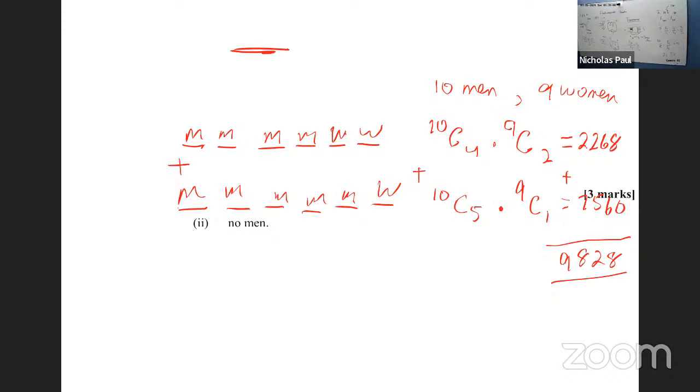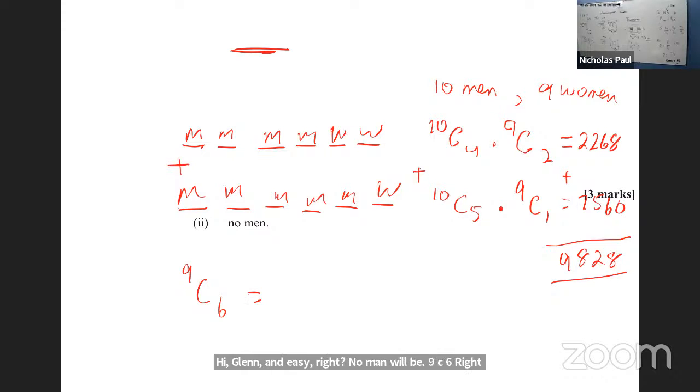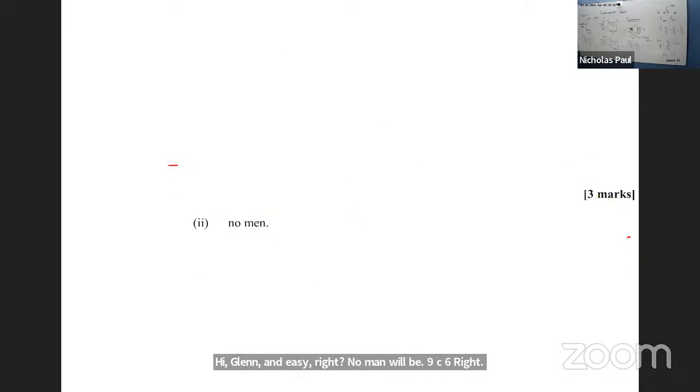Right, no men is easy, right? No men would be 9C6. That's the only option you have. How much is that? 84. That's it. Okay, next one.